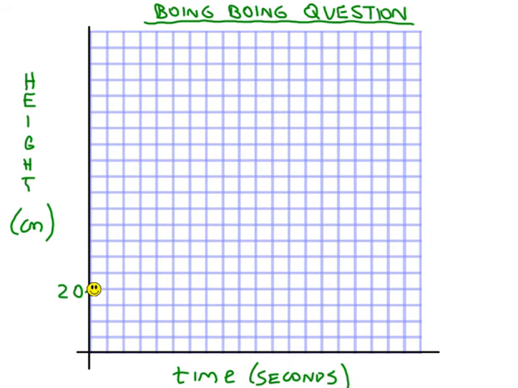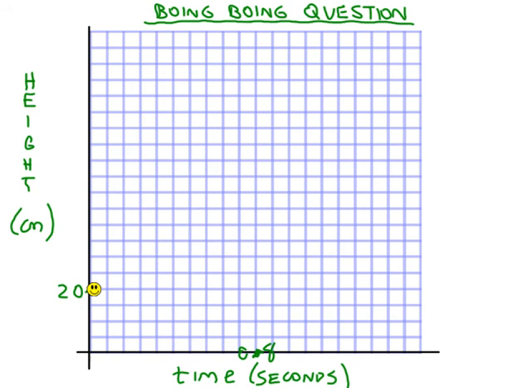Okay. It says that this block, once it's released, takes 0.8 seconds to reach its maximum height. So we have a minimum here at 20. If we count 0.8 seconds, I'm going to go up 10 boxes. 1, 2, 3, 4, 5, 6, 7, 8, 9, 10. At 10, I'm going to call this 0.8 seconds. Okay.